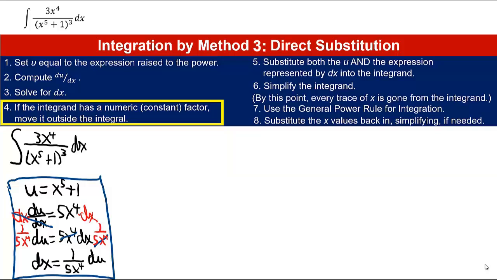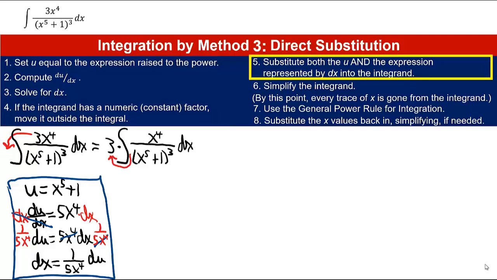Step 4 says if the integrand has a numeric constant factor, move it outside the integral. And here you see that there is a factor of 3 that you can move outside of the integral sign. Step 5 says substitute both the u and the expression represented by dx into the integrand. Just a simple substitution. Remember though, you've also got to carry that 3 along.